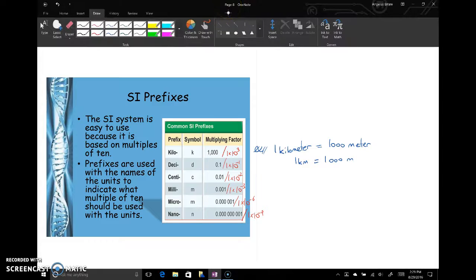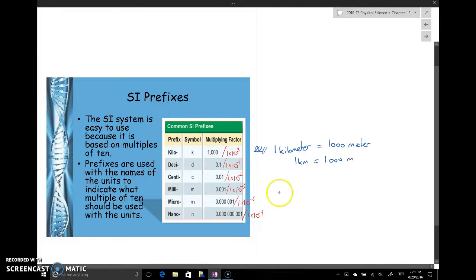Let me give you another example. Let's say that we have 105 grams. We could write that as a kilogram. Remember that a kilogram is 1,000 times bigger than a gram.